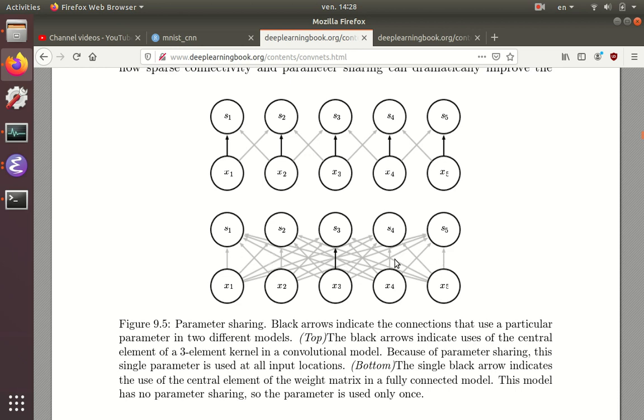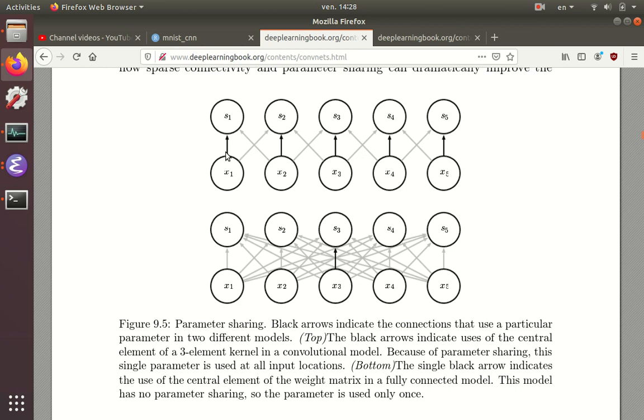We see these gray arrows which indicate that they're not the same as this black arrow which is highlighted. Up here, all of these black arrows are highlighted, indicating that this is the same real valued weight that's used 5 times in this layer.